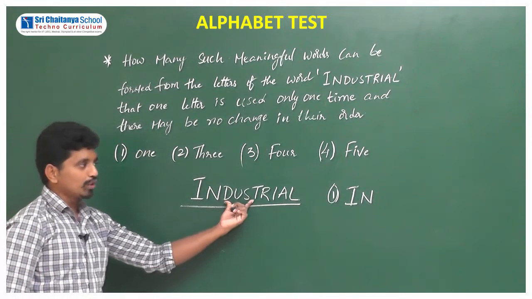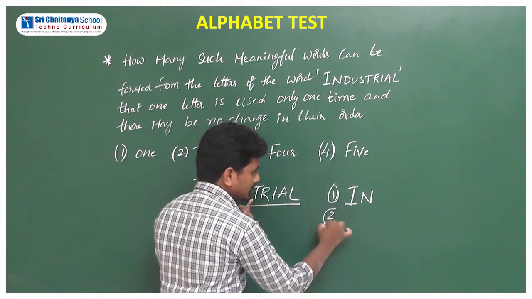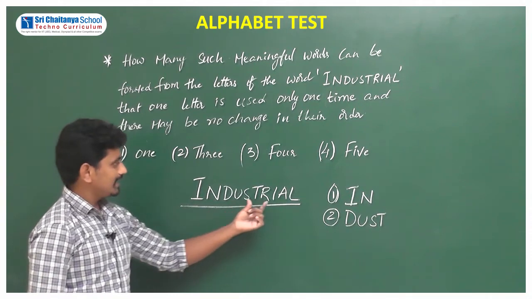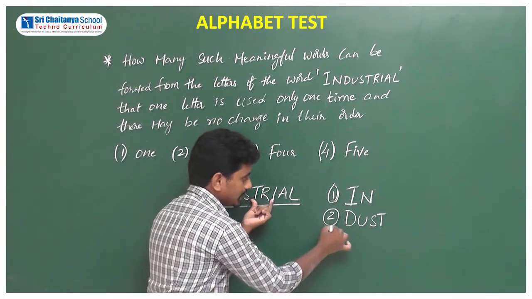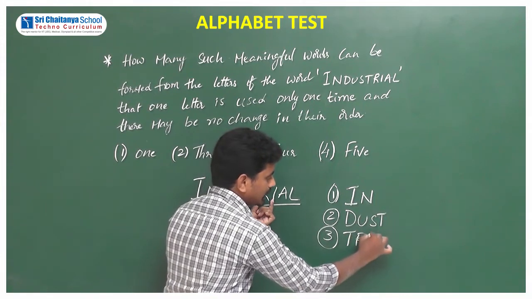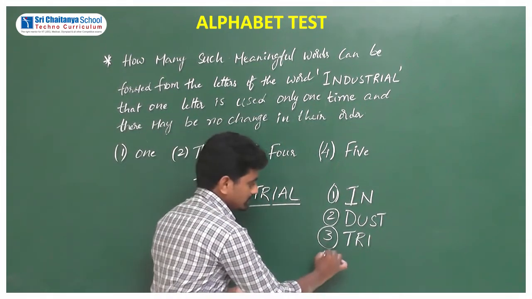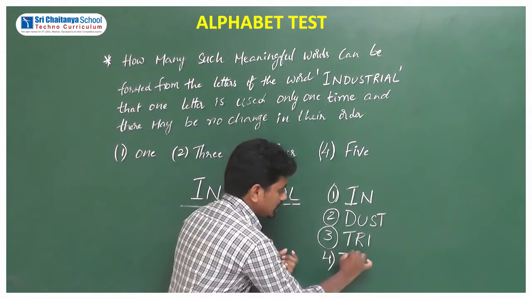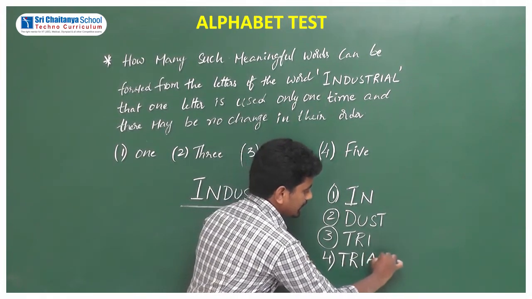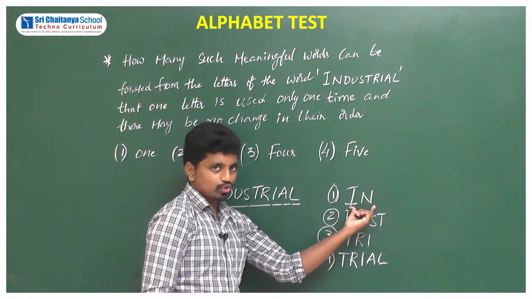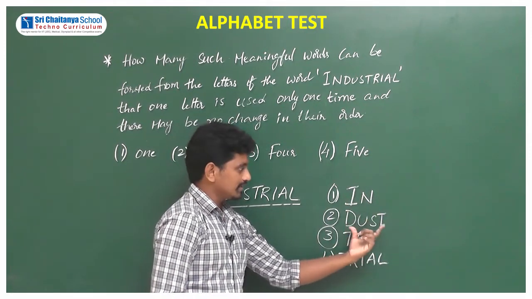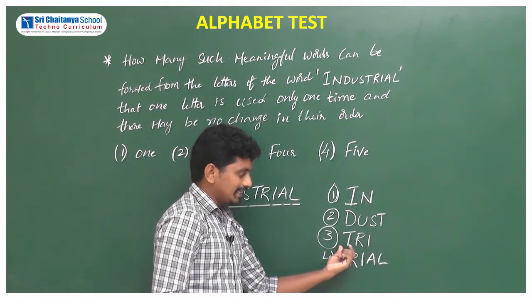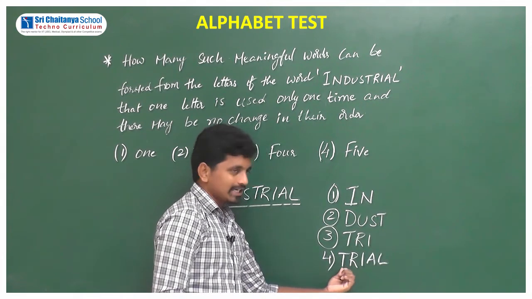And then the next four letters I'll take: D, U, S, T. And the next three letters, that is T, R, I. And the last five letters, T, R, I, A, L. If you observe here, there is no repetition of letters and I cannot reorder them.